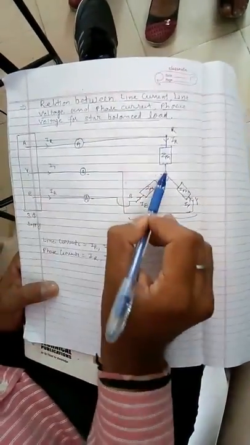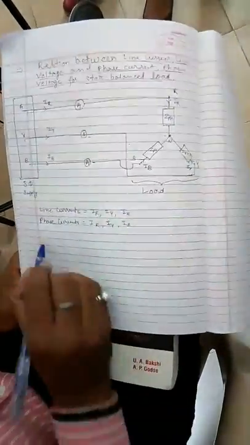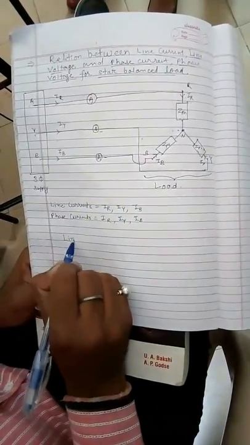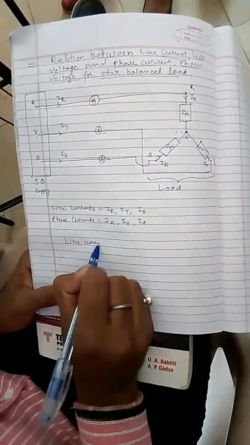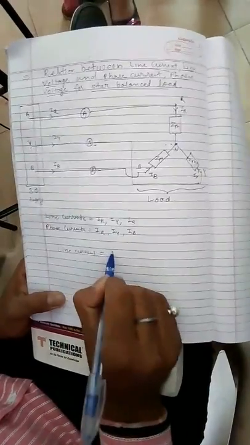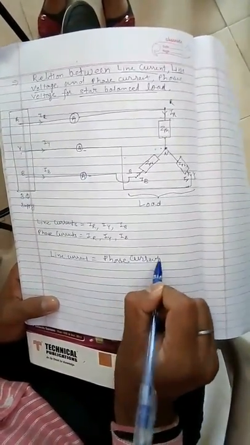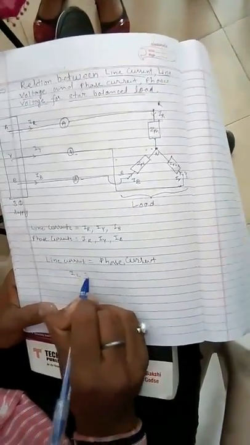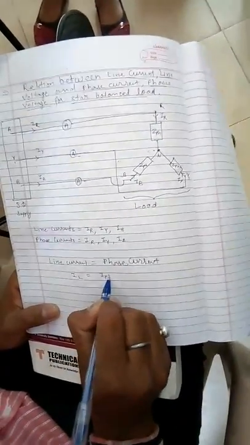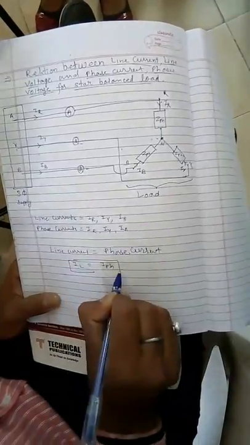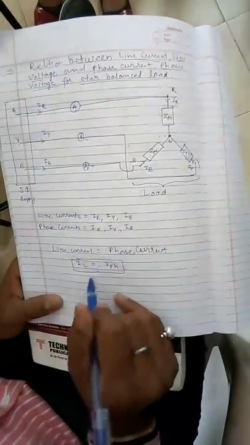The same current is coming here. So from these two we can say the line current is equal to the phase current. Clear? So we can say IL is equal to IPH.